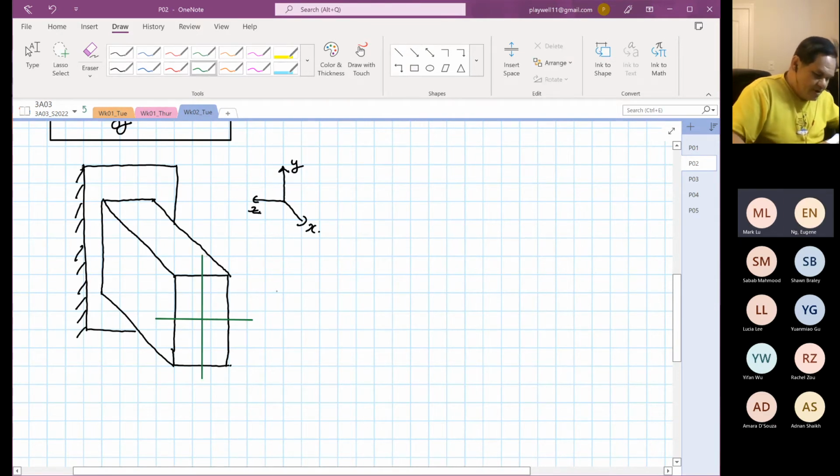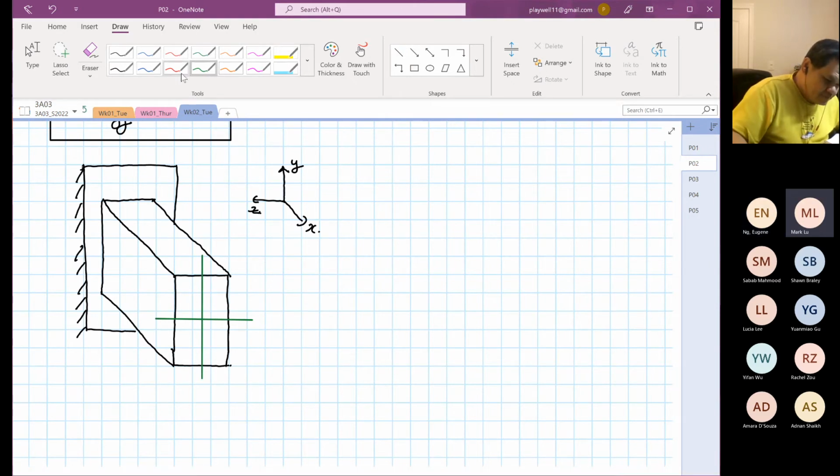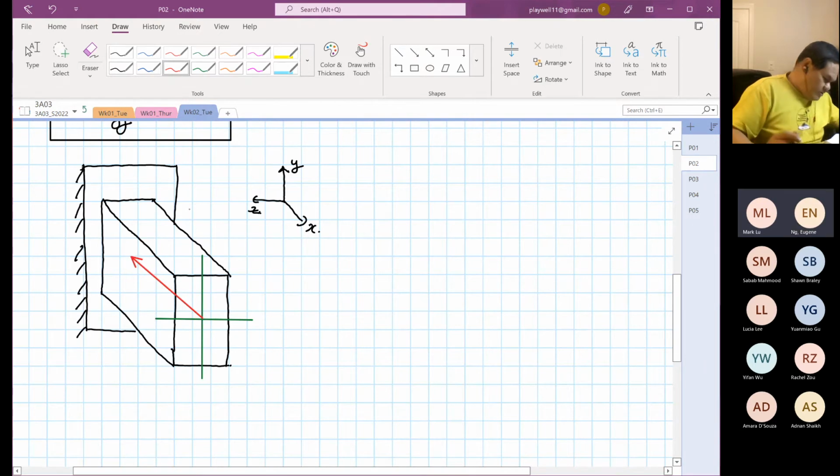Okay. And now the moment is applied in such a way. Okay, I'm going to sketch our applied moment. Okay. So this is our applied moment. And then this is our direction.